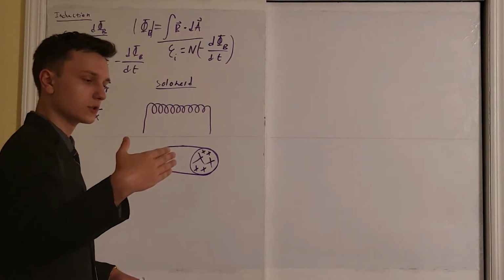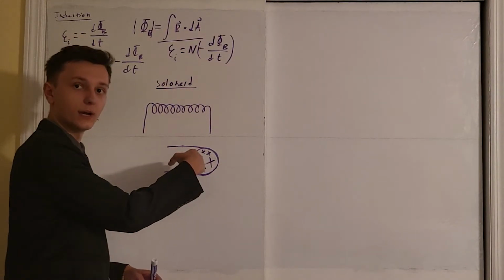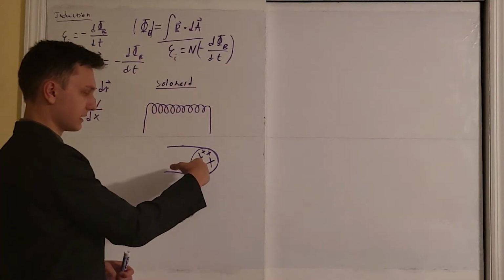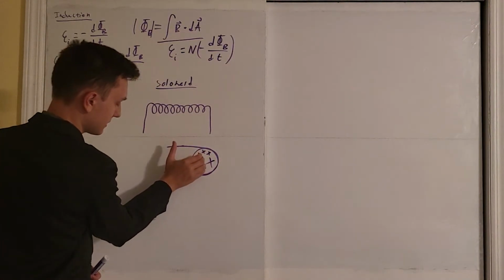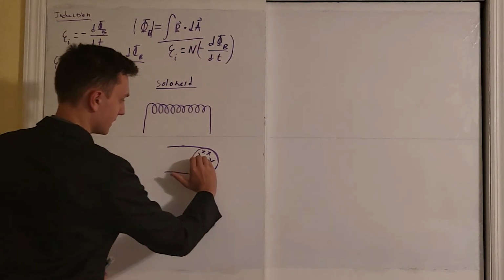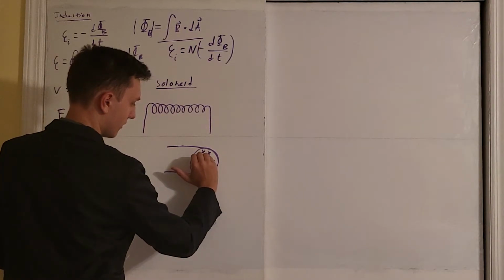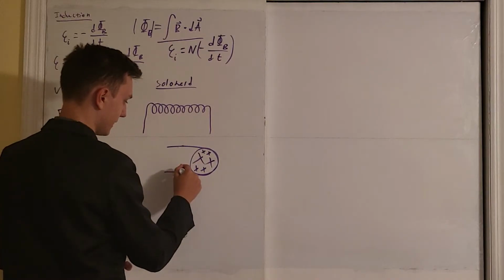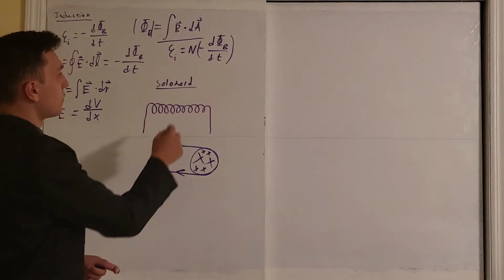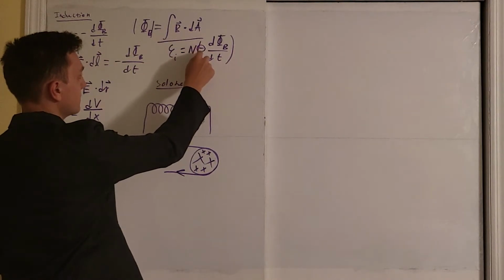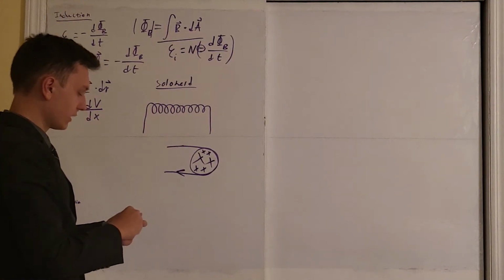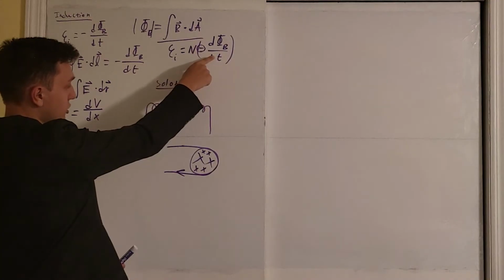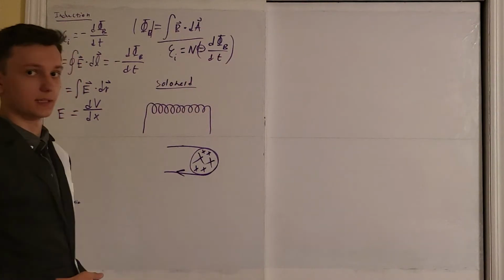So the wire is going to induce a magnetic field going this way to counteract the change in the magnetic flux. So I do the right-hand rule, and I discover that now current is going to be flowing this way. So that is why there is a negative symbol here. The induced EMF will work to counteract the change in magnetic flux with respect to time.